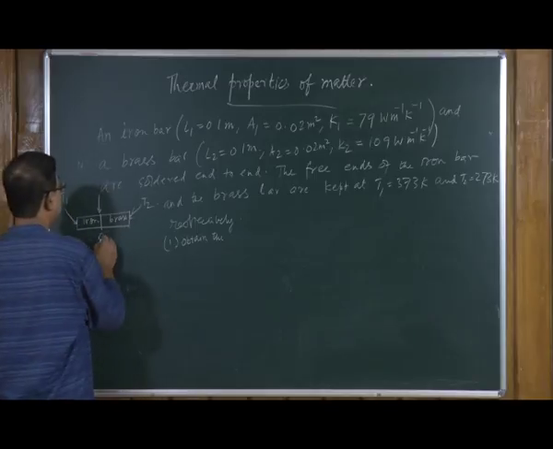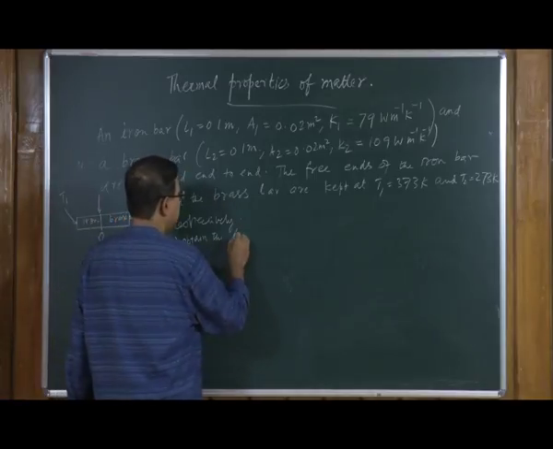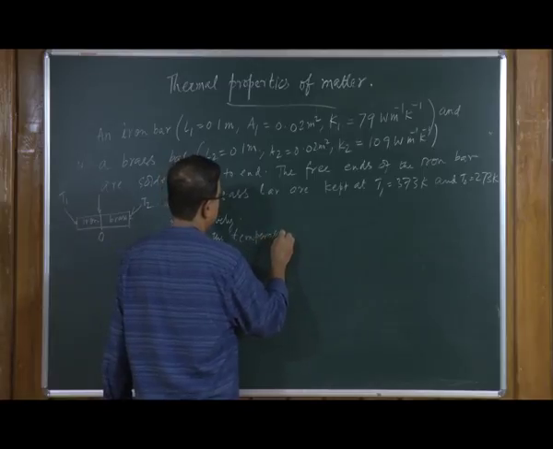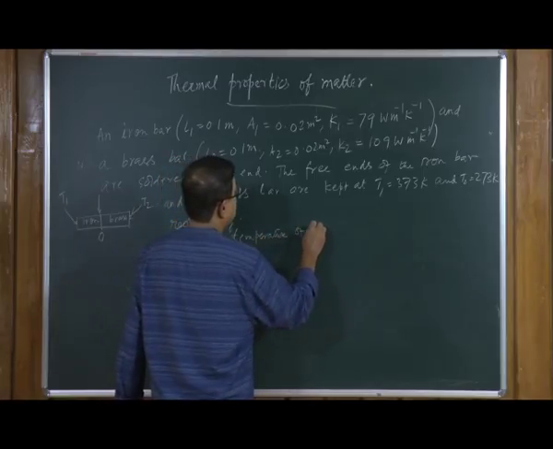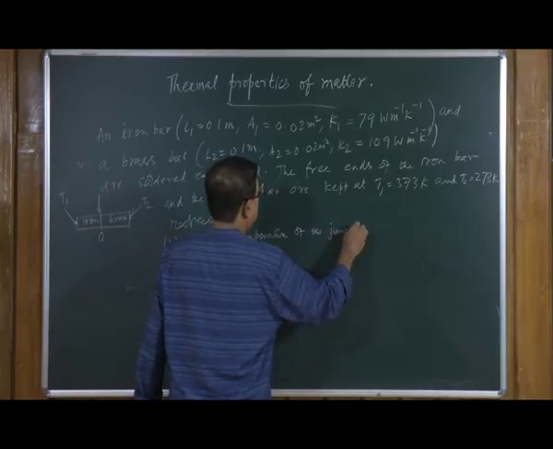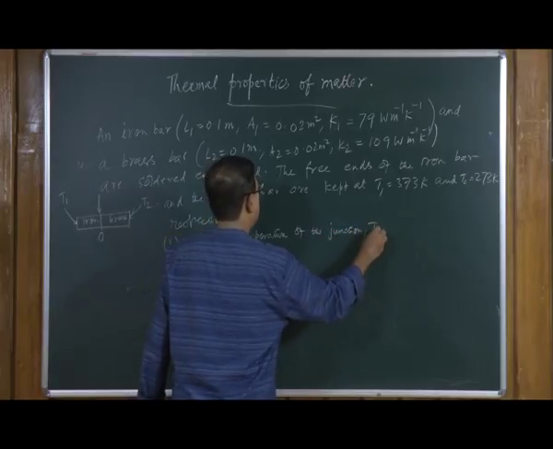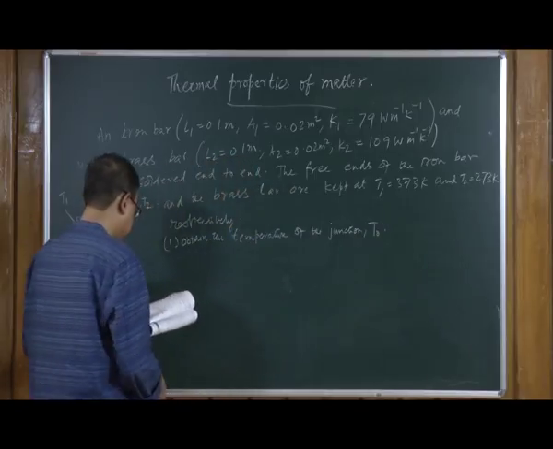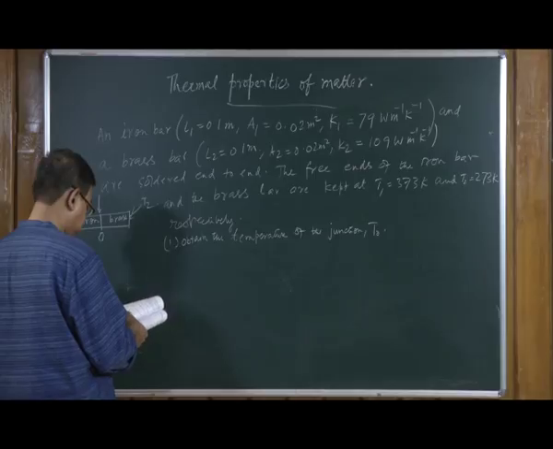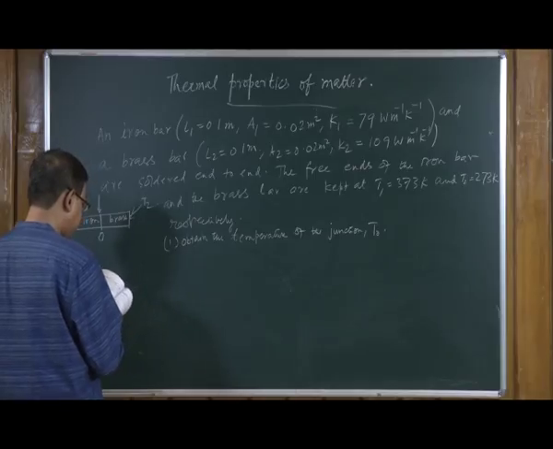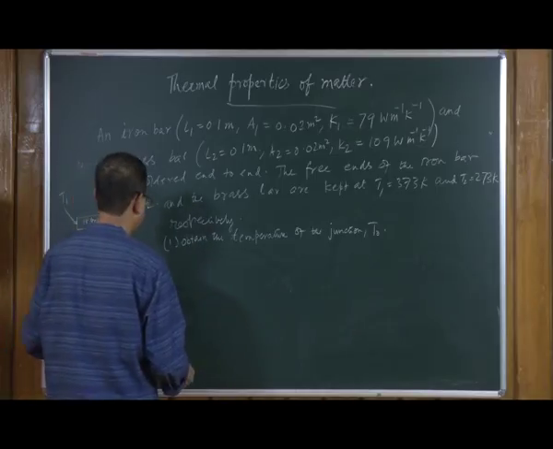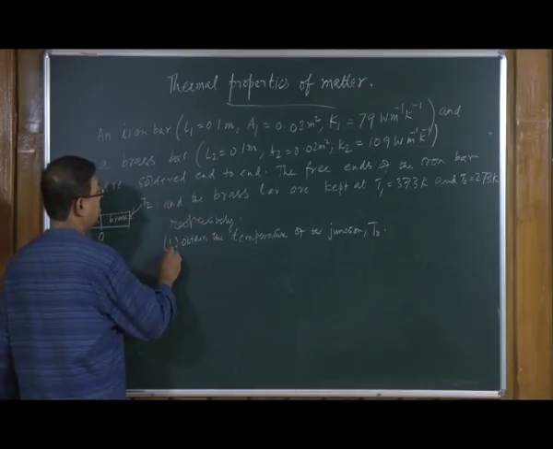Let us call this point O. Obtain the temperature of the junction, let us call it T0. Second part is the equivalent thermal conductivity of the compound bar.